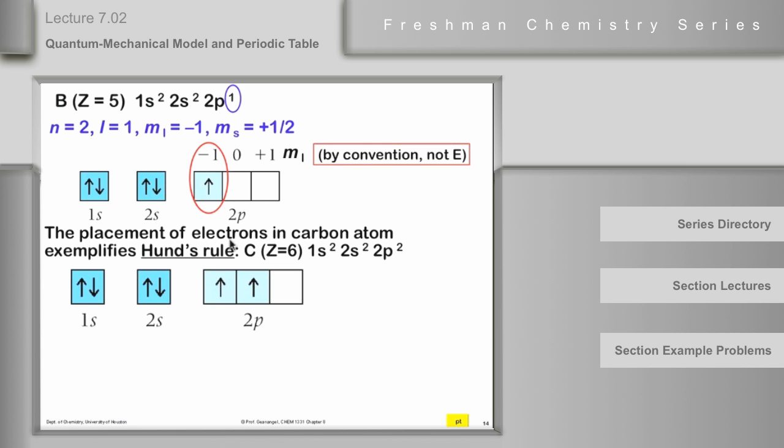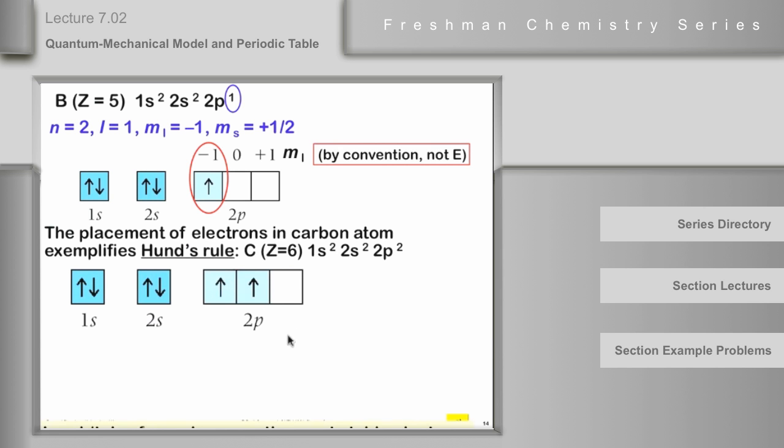And you also don't put 2 electrons in one orbital until you have to, because why? They'll repel each other. And that will be a less stable configuration than if you allow them to be apart as long as you can. Eventually, they're going to have to go in there. But let's not do it until we have to do it.